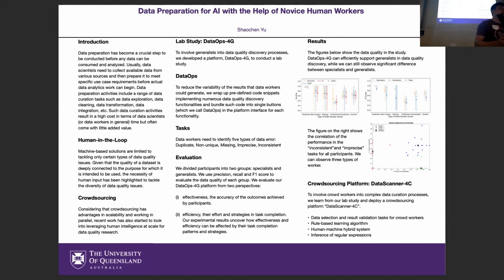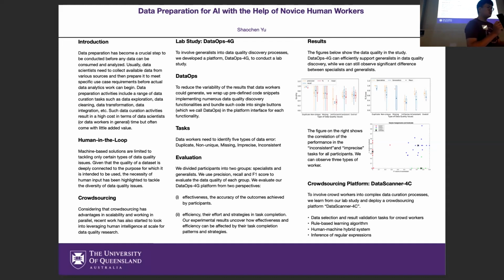The second message is, if you are collecting bad results or results with low performance, please don't question your workers first. Maybe you should consider whether this is your problem. You have to have a better task design. You have to build some tools, provide some functions for them, and you have to ask them wisely, right?